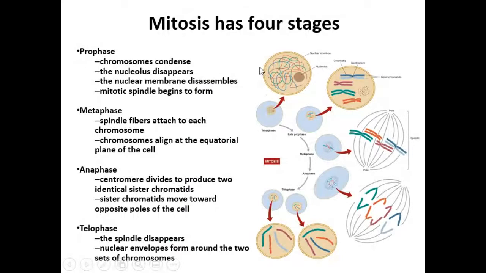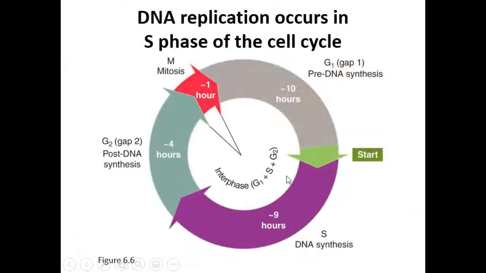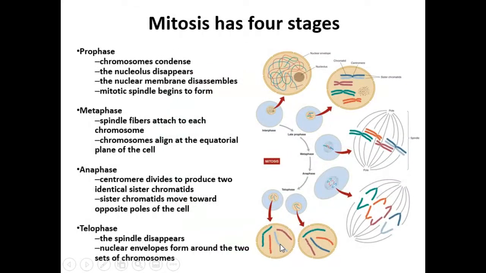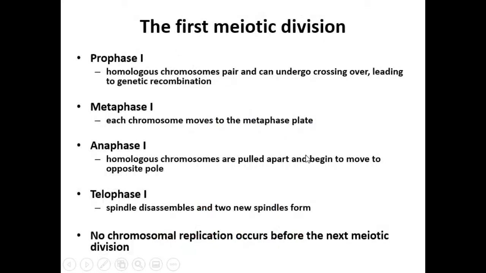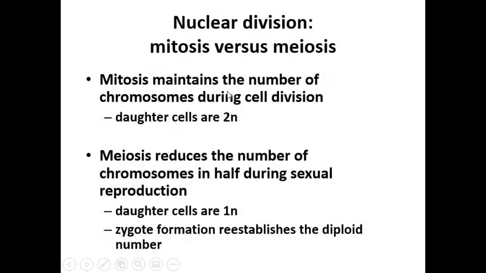As you can see from the beginning to the end, you double the DNA here, and now here you split it. So the cell will maintain the same amount of chromosomes, okay? For meiosis, you reduce the chromosome number in half because you duplicate once, but you divide twice, because between the first and second division there is no chromosomal replication. Therefore, you replicate once, but you have 2 meiotic divisions, so that in the end the chromosome number is cut in half.